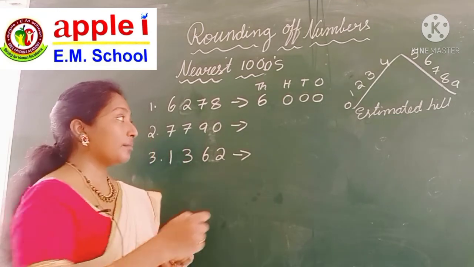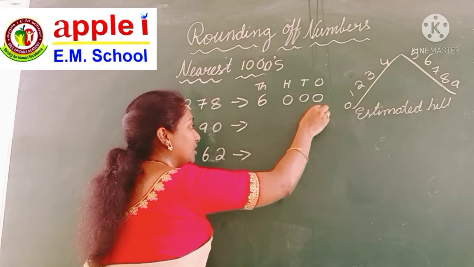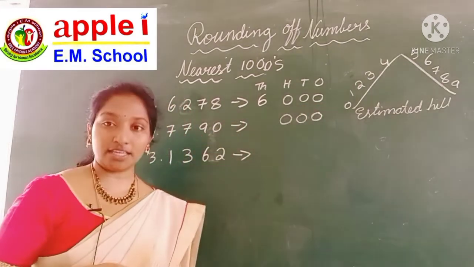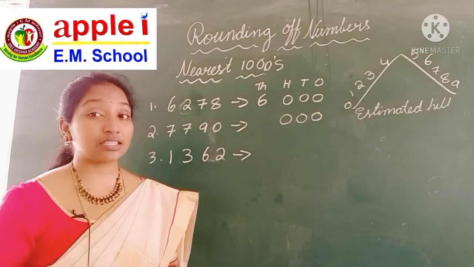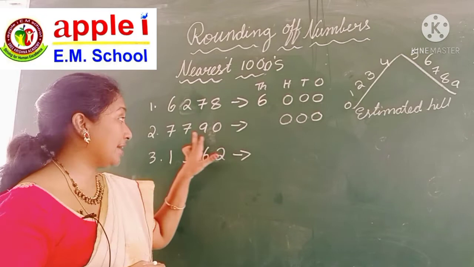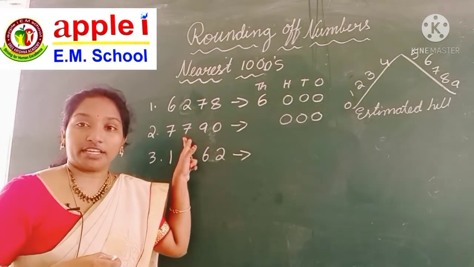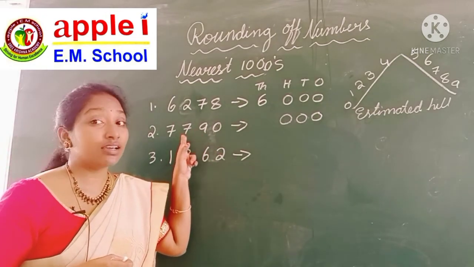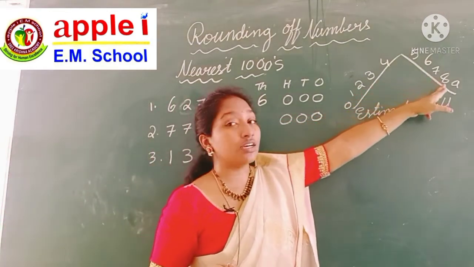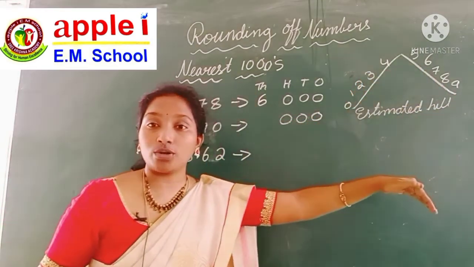7,790. Okay. Nearest thousand. 1000 has 3 zeros. So make ones place 0, tens place 0, hundreds place 0. Nearest thousands means we have to check hundreds place. What is here in hundreds place? 7. 7 means we will go to the other side of the mountain.